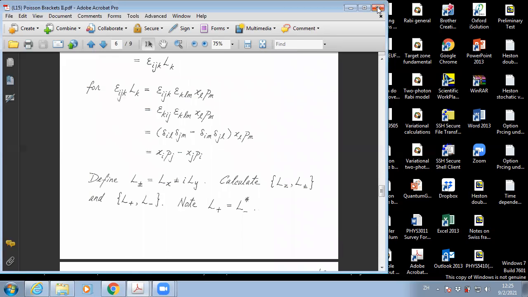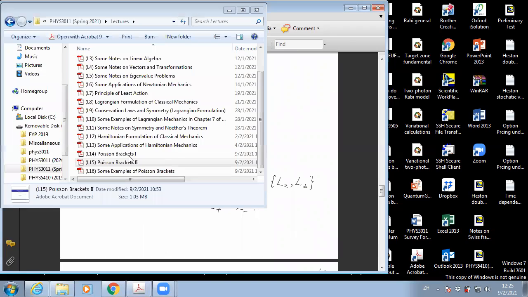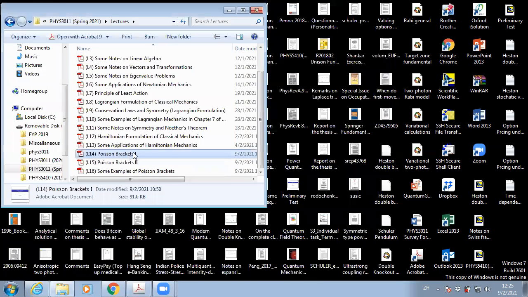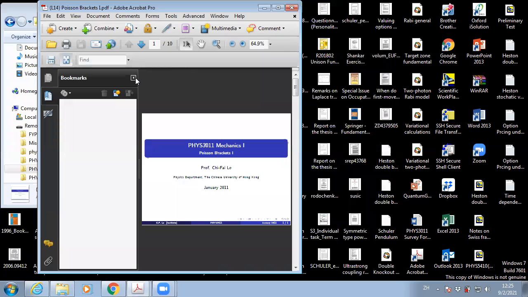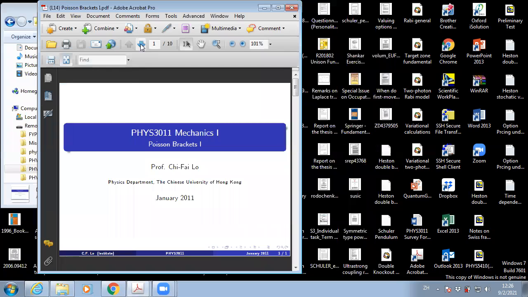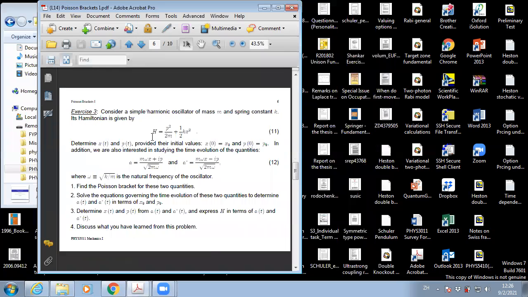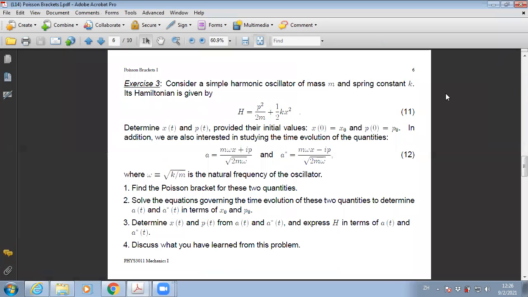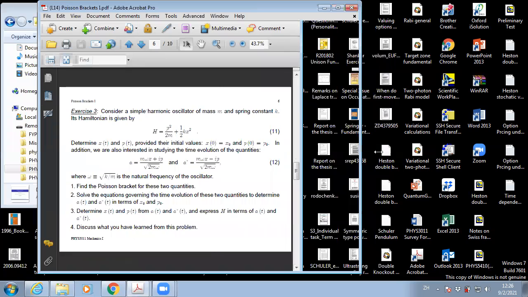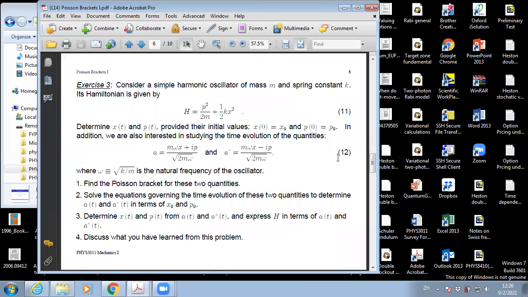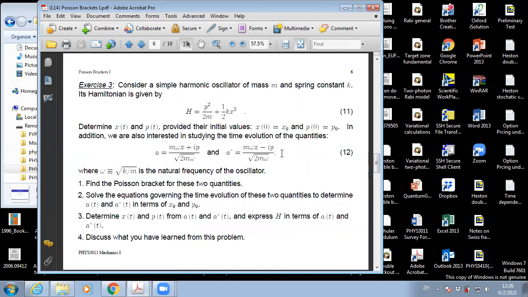If we go back to the previous example, here in equation 11, the Hamiltonian function is written in terms of p squared and x squared.